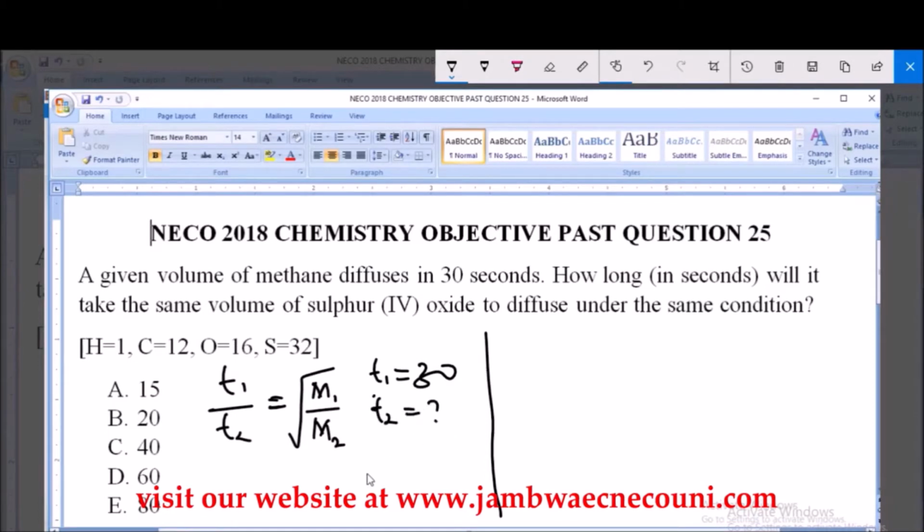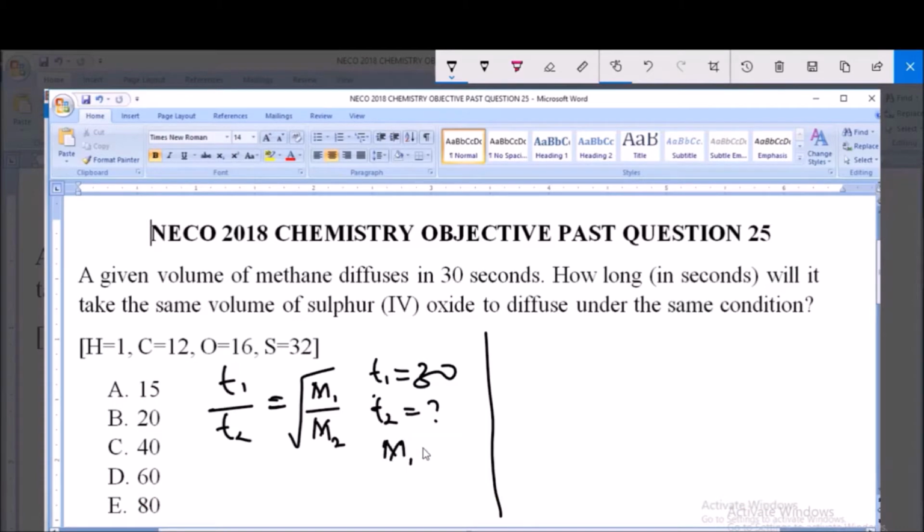Now, M1 will be the molar mass of the methane gas, and like you know, methane is CH4, and that is equal to 12 plus 4 times 1, and this will give us 16.